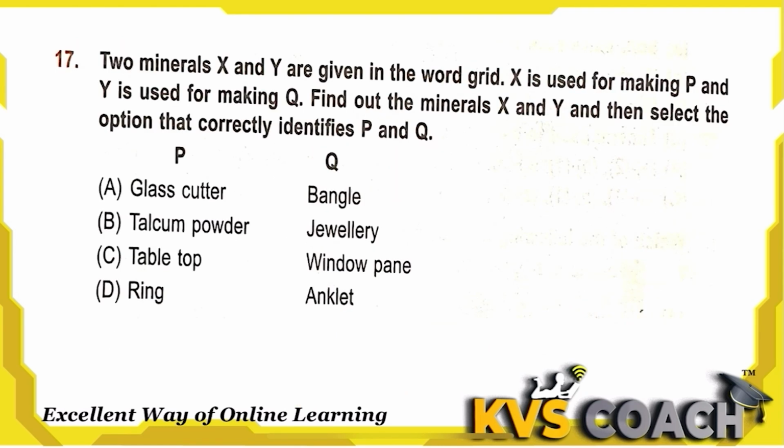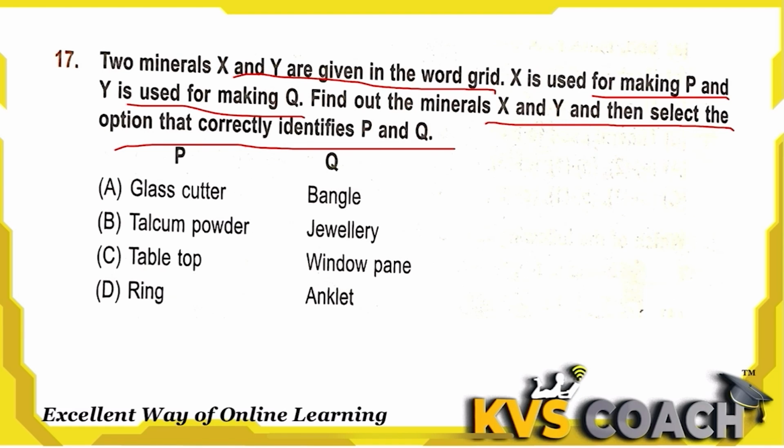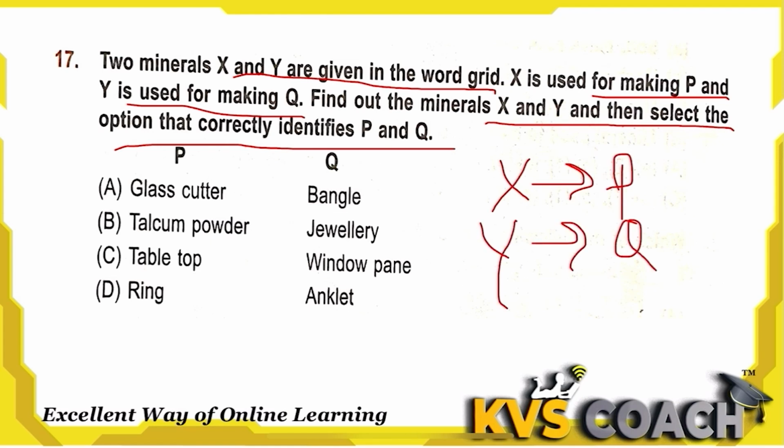Question 17 is, two minerals X and Y are given in the word grid. X is used for making P, Y is used for making Q. Find out the minerals X and Y and then select the option that correctly identifies P and Q. X से हम P बनाते हैं and then Y से Q. So what are X and what are Y?